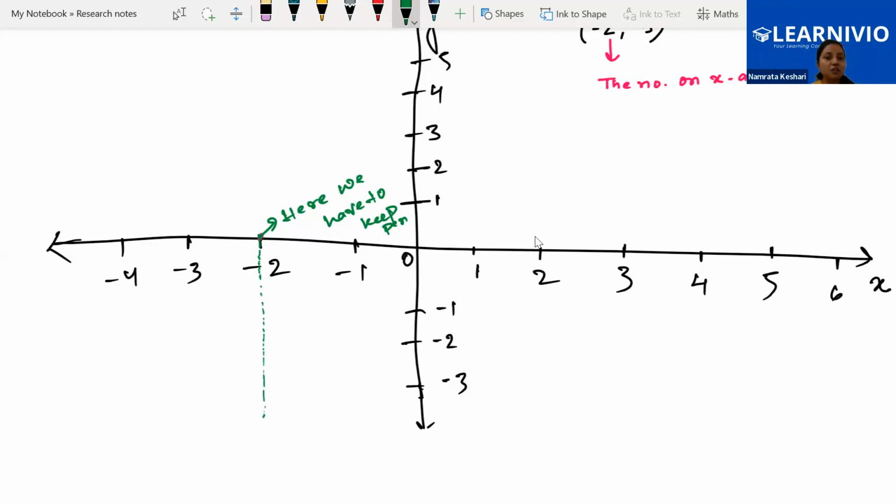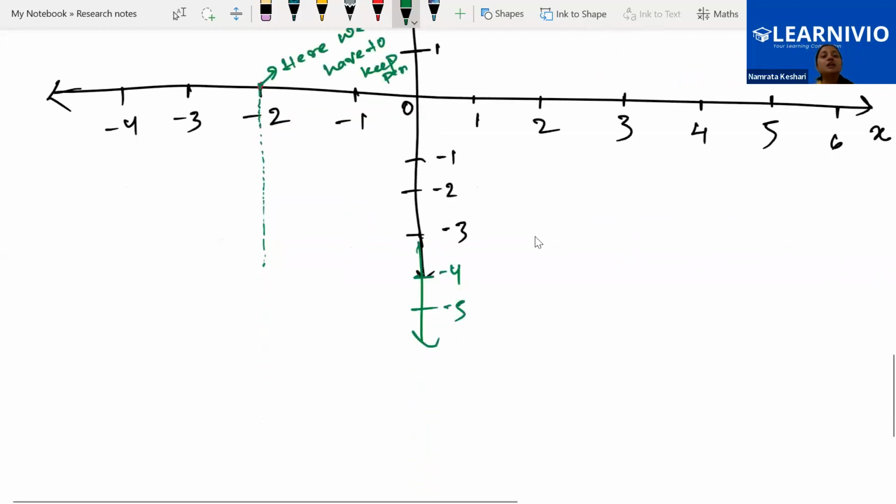But we have only -3 on the number line. I said to you that on the number line there are infinite numbers. Even if I write only till -3, after that -4 will be there, -5 will be there. If I have missed writing, I will stretch my line and write it anytime, because there are infinite real numbers. So -5 is here.